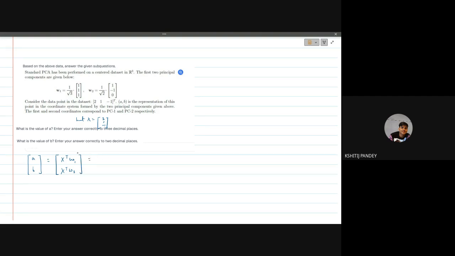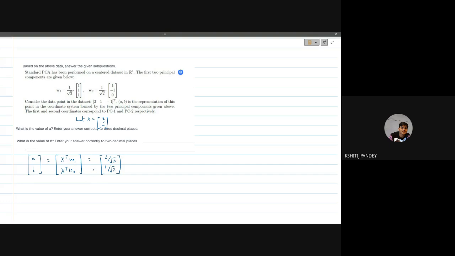What is x transpose W1? x transpose W1 is equal to 2 by root 3. And what is x transpose W2? 1 by root 2. Thank you. So now this is your answer.